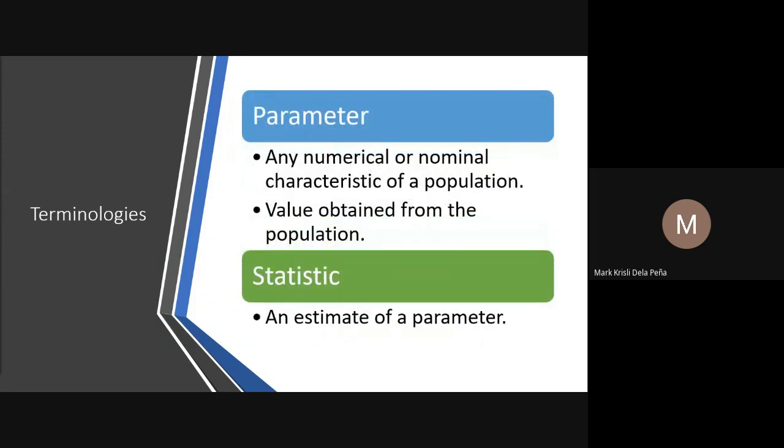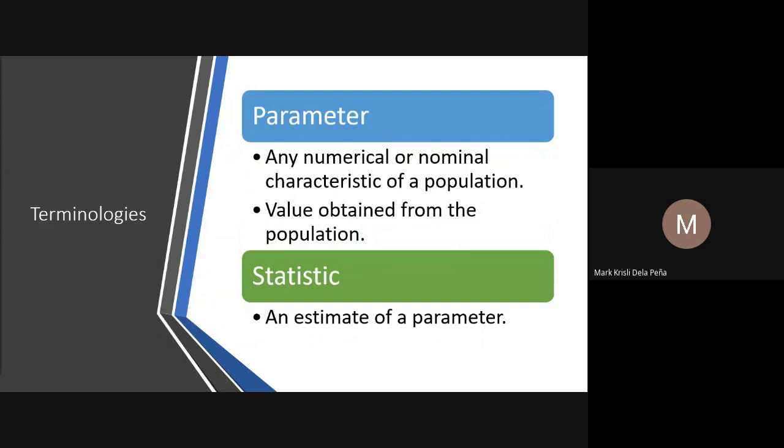Then we have parameter and statistic. If you want to measure the population, then we call it a parameter. However, if you just want to estimate the population based on a sample, we call it a statistic, without the S. Remember that statistic and statistics have different meanings. Both of them are singular in meaning.